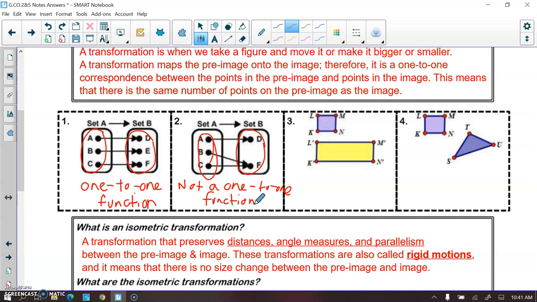All right, so then connecting this to geometry, number 3, I started off with 4 points in my pre-image. My image now has 4 points. So instead of saying that this is a one-to-one function, we call this a transformation.